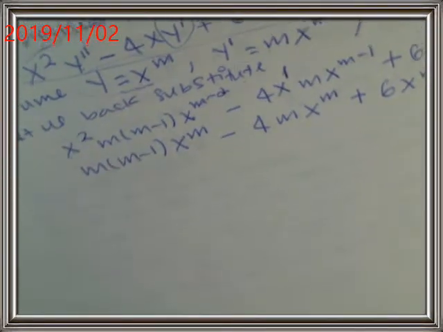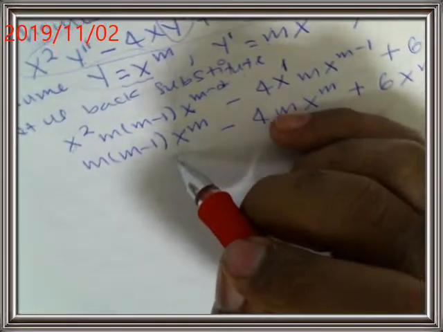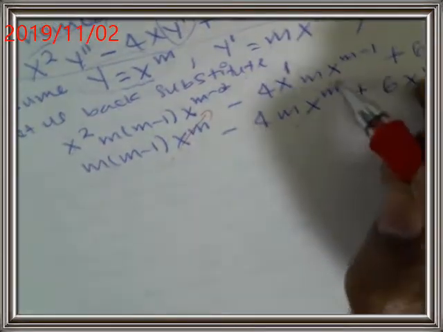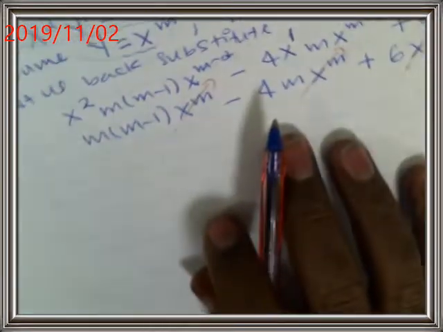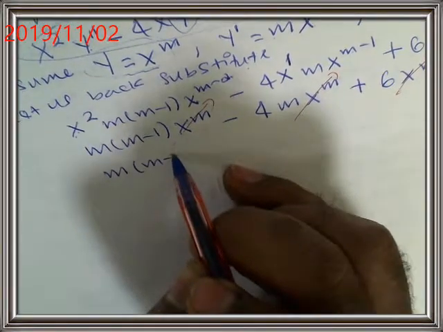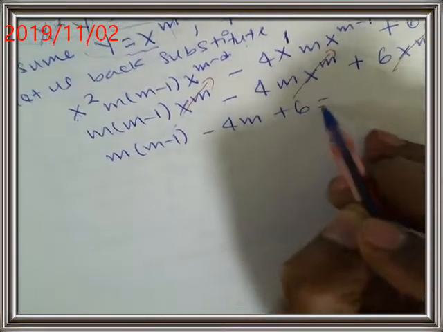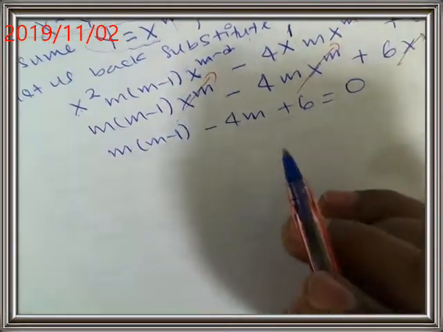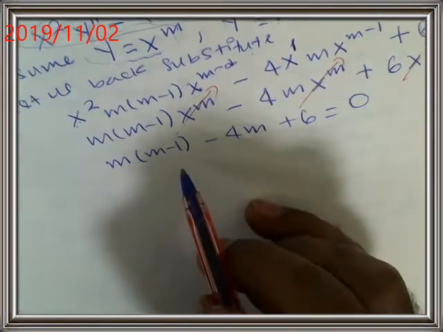So here you can divide both sides by x to the power of m, it will cancel. So as you can see, we already simplified, and our simplified equation became m(m minus 1) minus 4m plus 6 is equal to 0. But still we have to simplify it further.